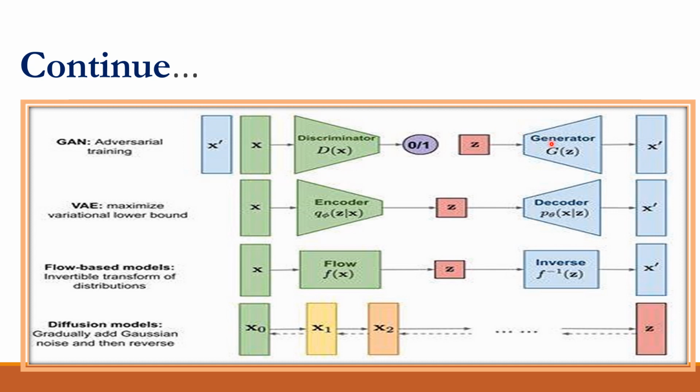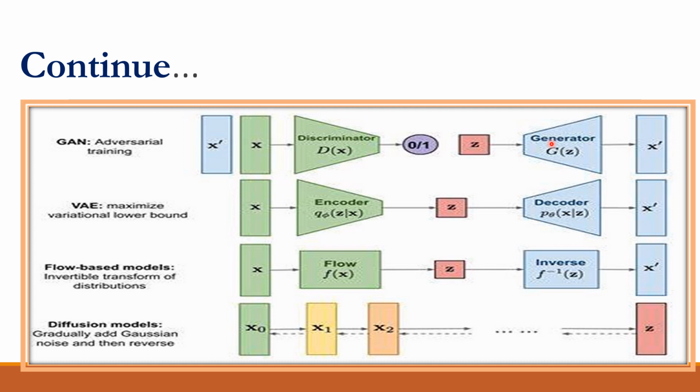The generator will create synthetic examples, be it images or videos, while the discriminator will evaluate whether that generated example looks real or fake. The generator and discriminator are trained simultaneously in an adversarial manner, with the generator improving its ability to create realistic images and the discriminator improving its ability to distinguish real from fake.